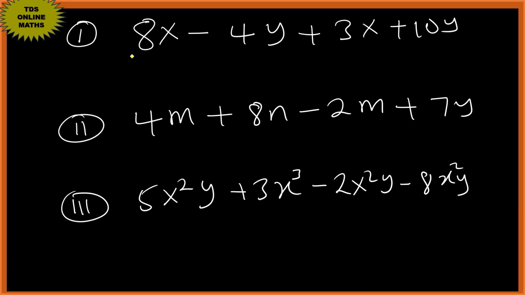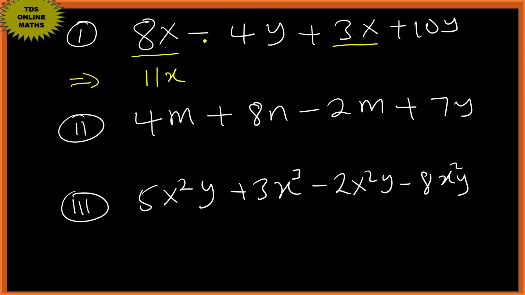For instance, we have 8x here and we have 3x here. So they are like, okay? Therefore, we can put them together. So 8x and 3x will give us 11x. So we have 8 plus 3, 11.